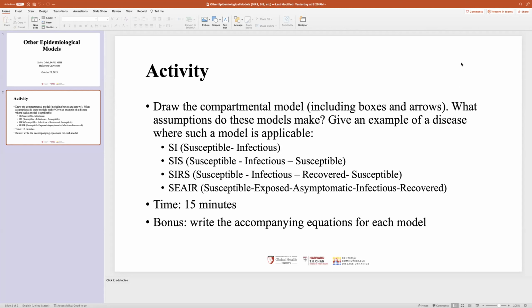Okay, I'm thinking about one of the zoonotic diseases, for example, either rabies or Rift Valley fever. It can follow the SIR model. For example, Rift Valley fever is transmitted by the mosquitoes. So susceptible people are people who are maybe in close proximity to areas where we have these vectors, and once they are bitten during the usual blood meal for these mosquitoes, they now transition to being infectious.